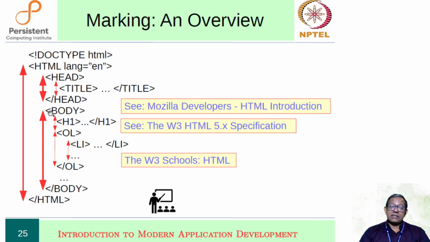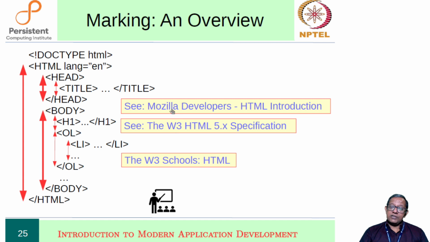Among the many things that are there are headings at various levels, H1 that we just saw, ordered lists, list items, and so on and so forth. Whatever information you need to display, there is a way of hierarchically presenting it.